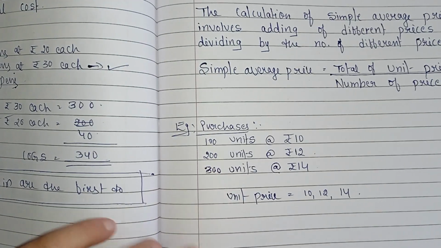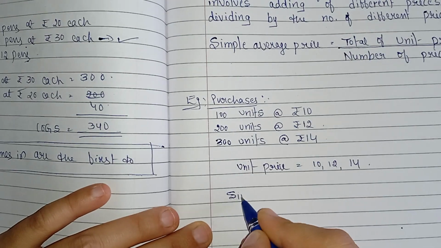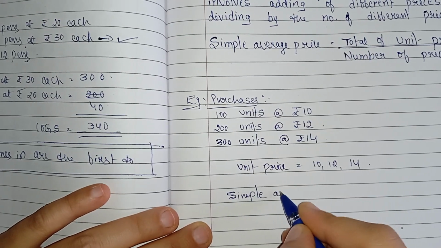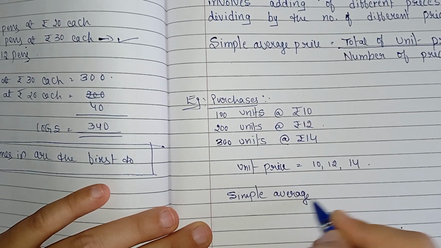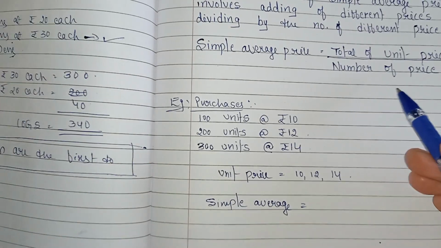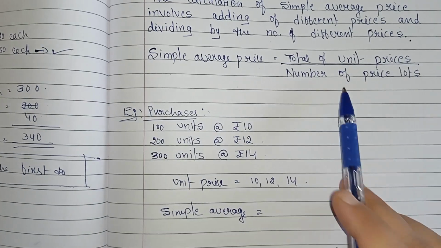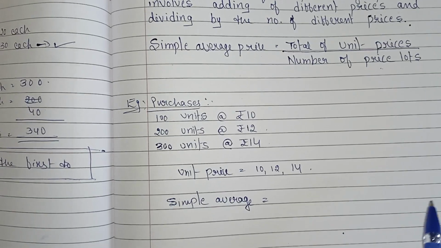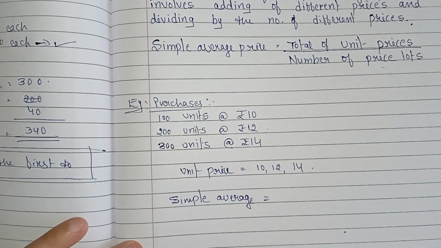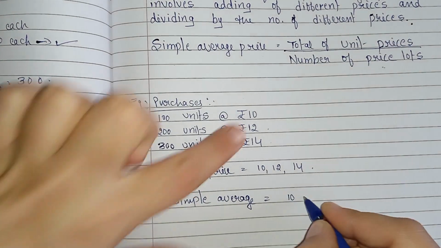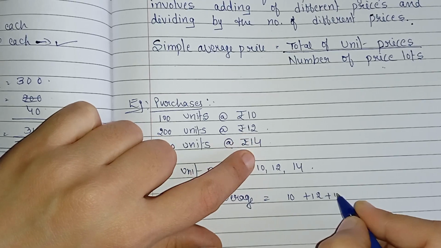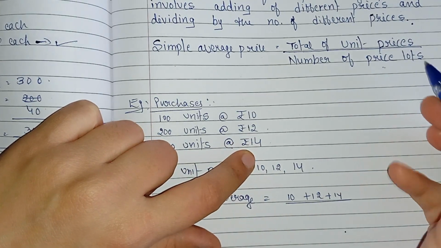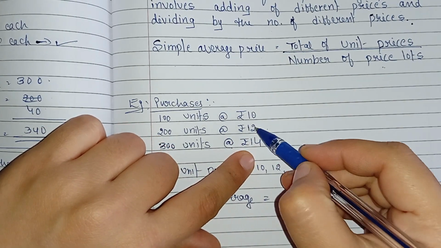So simple average equals total of unit prices divided by number of price lots. Total of unit prices means 10 plus 12 plus 14, divided by number of price lots. How many? 1, 2, 3.